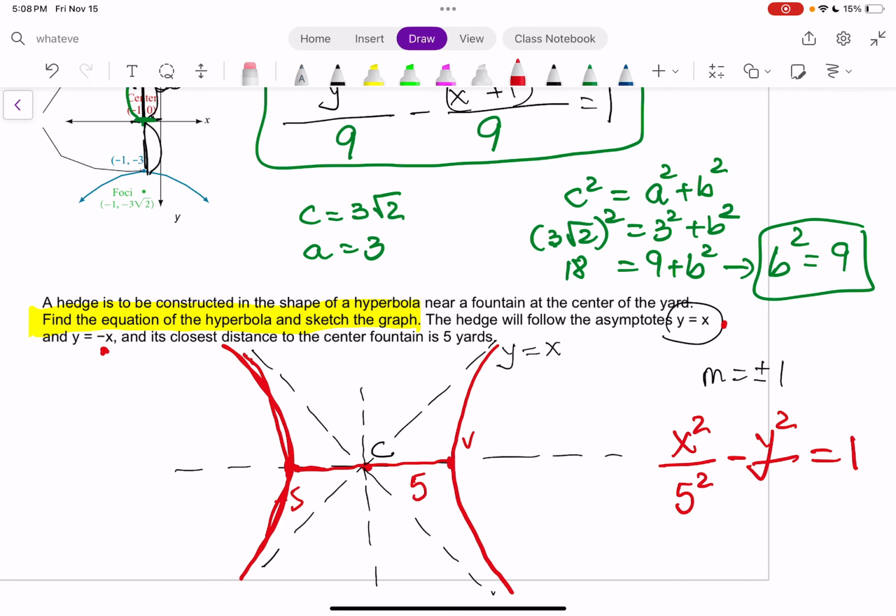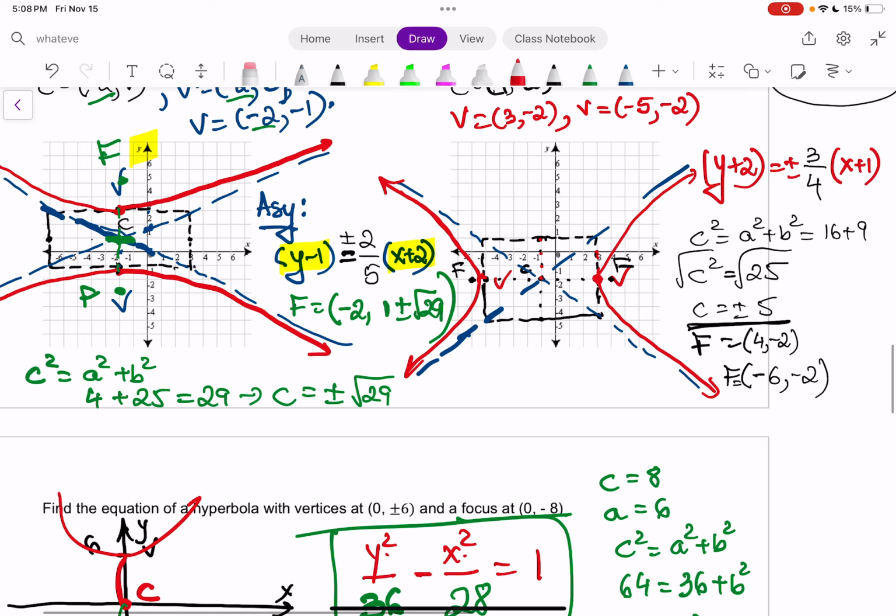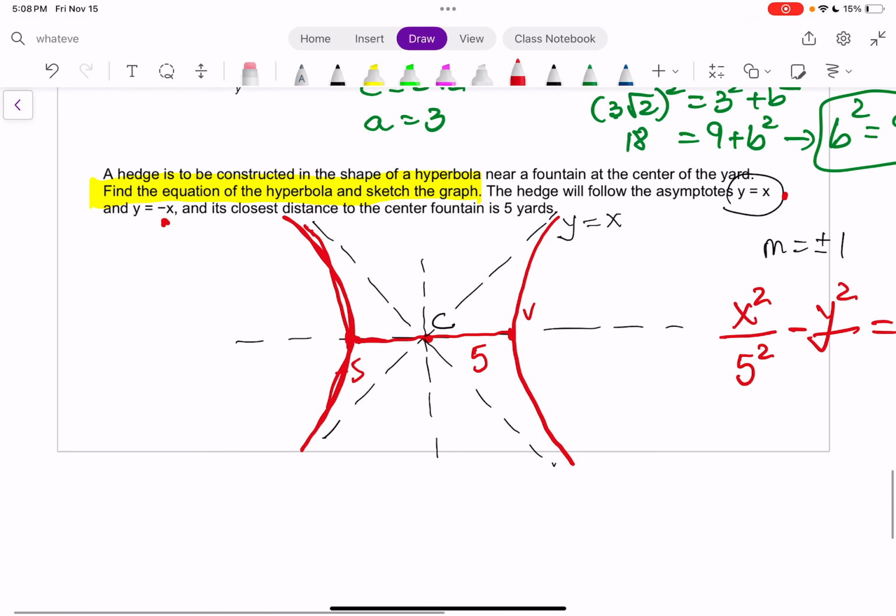Now, knowing a and b earlier, we drew these boxes and we found our asymptotes, yes? But this time we already have the asymptote. So the fact that y equals x is the line simply means that this box is going to go the same distance to the right as it does up.